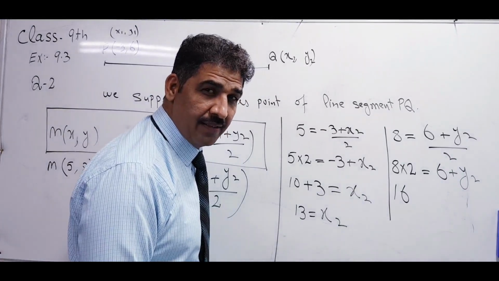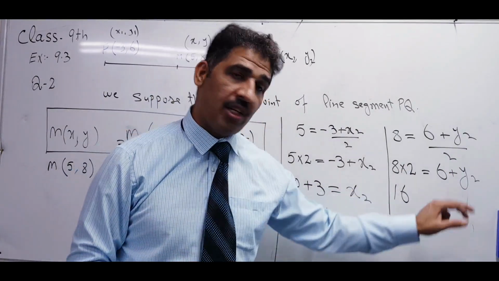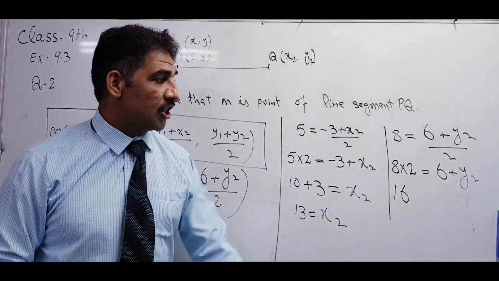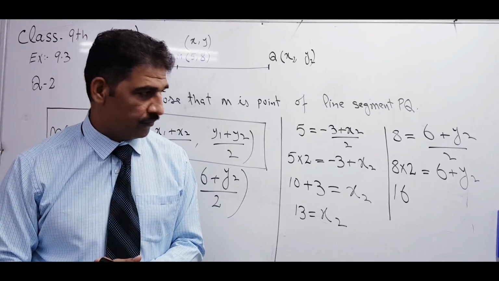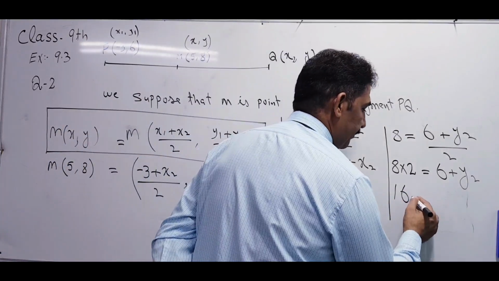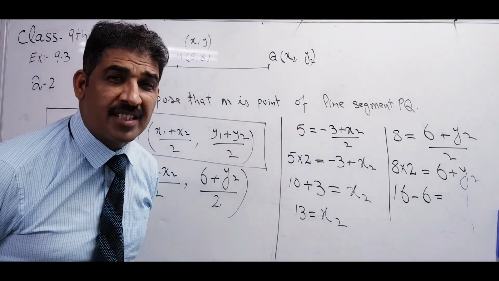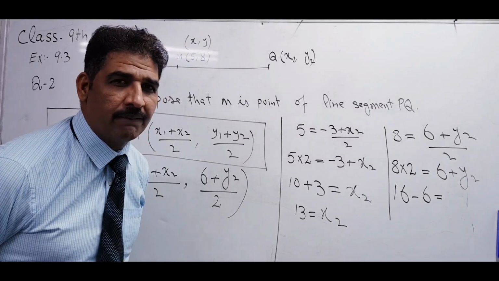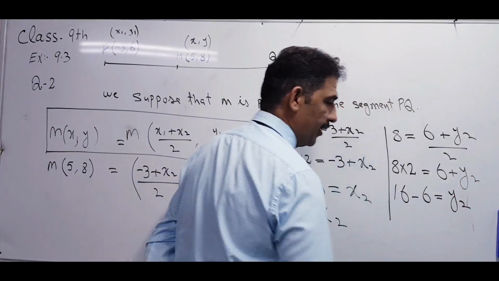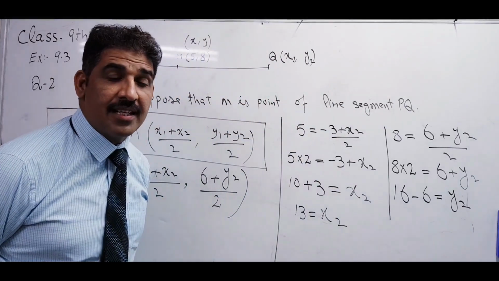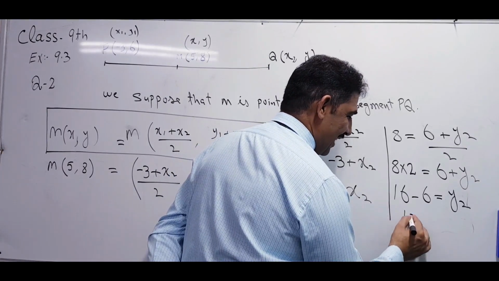What is the next change? 6 shifting to this side because we have to find out the value of y2. Absolutely correct. So when 6 shifts to this side of the equal sign, what changes? Minus. Good. Equal to, what's remaining on the right hand side of the equal sign? y2. Correct. And 16 minus 6 is 10. Very difficult question, right?